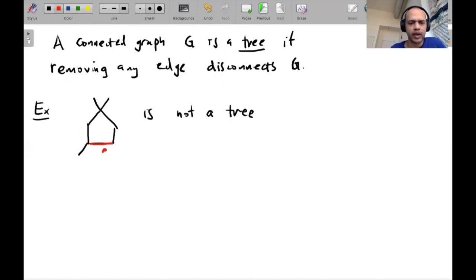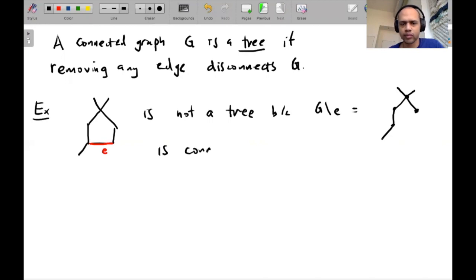So let's take this edge E. This is not a tree because G minus E, which is this graph, is connected.